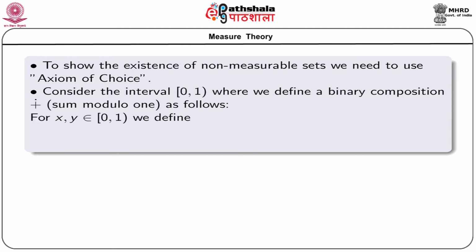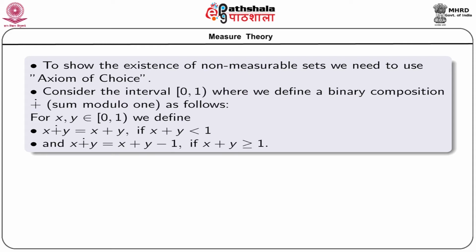For x, y two numbers belonging to [0,1), we define x plus-dot y equal to x plus y if x plus y is less than 1, and x plus-dot y is equal to x plus y minus 1 if x plus y is greater or equal to 1.